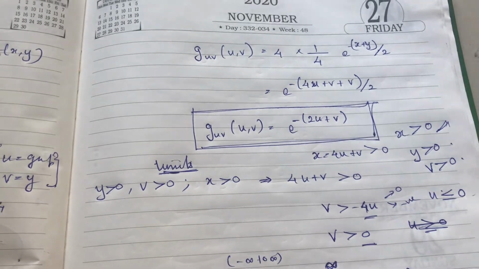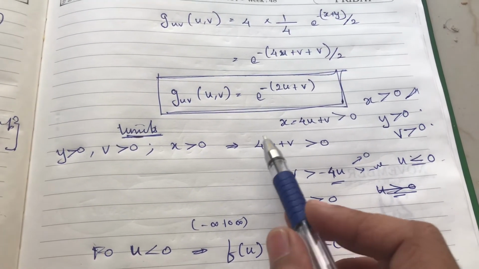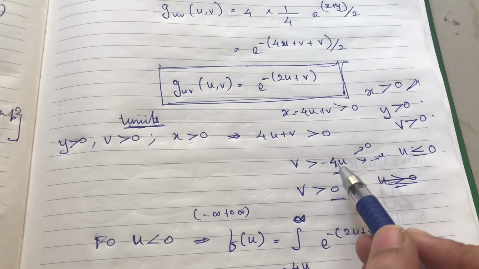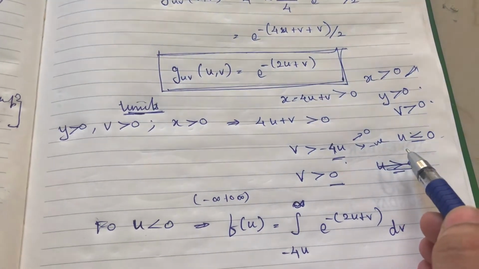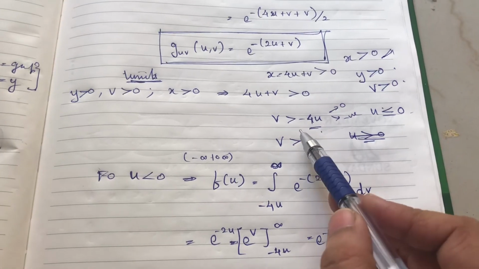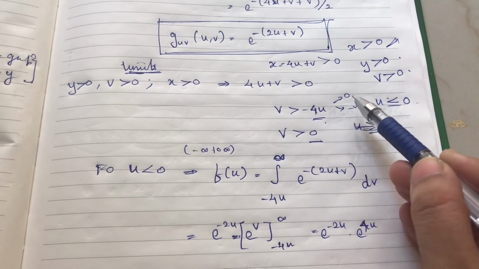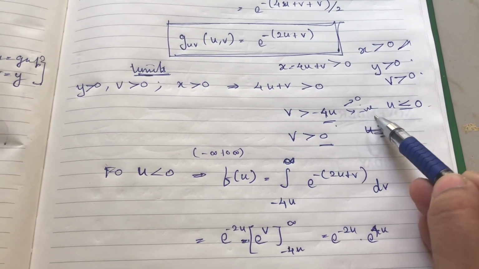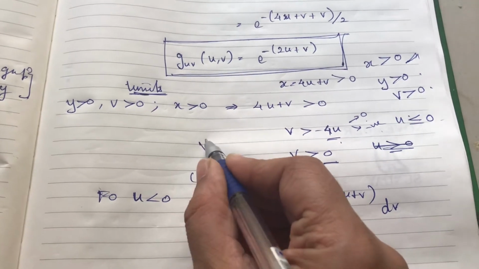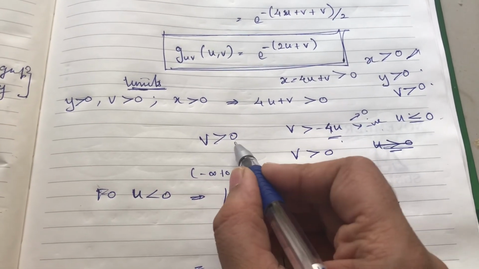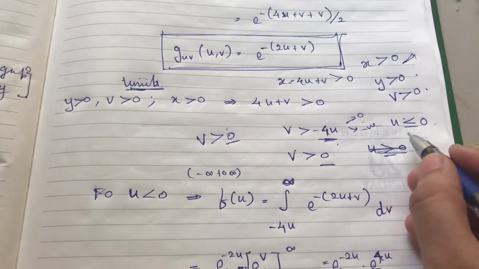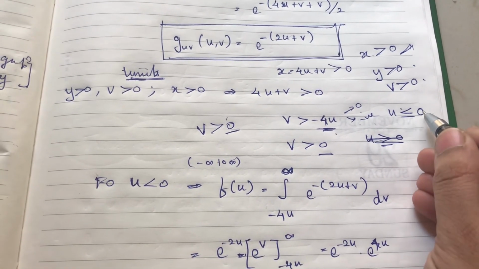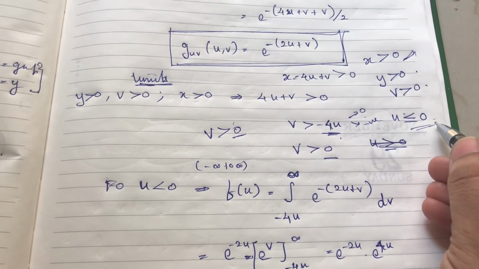So this 4u will go there as minus 4u, right? So minus 4u means it should be either equal to 0 or negative, because v is greater than 0, right? So I can easily say it is equal to 0 or it is a minus value. So u is less than or equal to 0. This is the thing we have found.